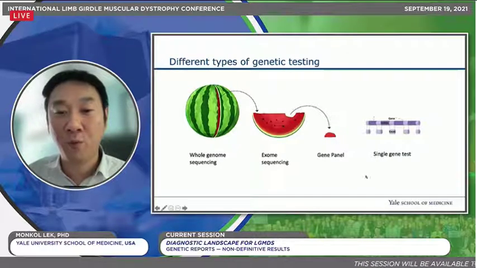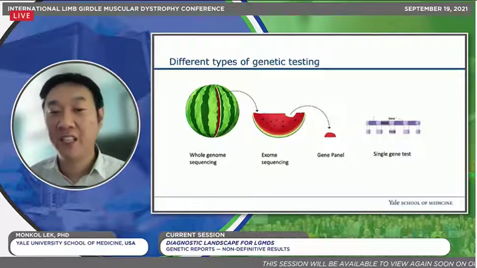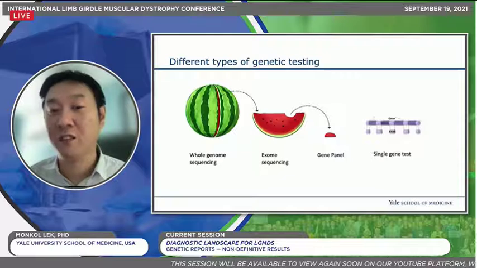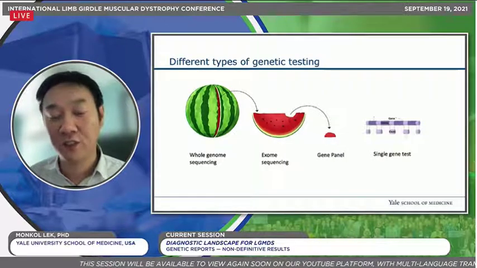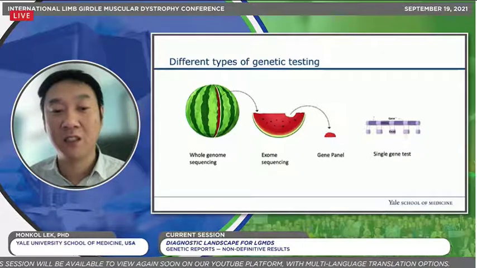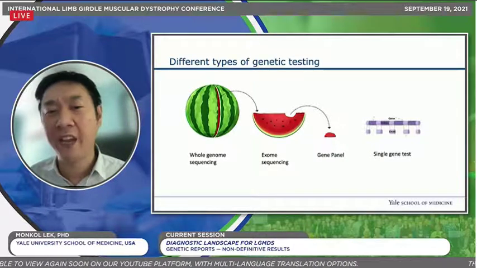Another very popular way of doing genetic testing is a gene panel. This is a set of genes, typically 100 or 200 genes known to be associated with neuromuscular diseases, and for the focus of this talk, limb-girdle muscular dystrophy. The idea behind this is that we know that most of the limb-girdle muscular dystrophies are explained by just a handful of genes.